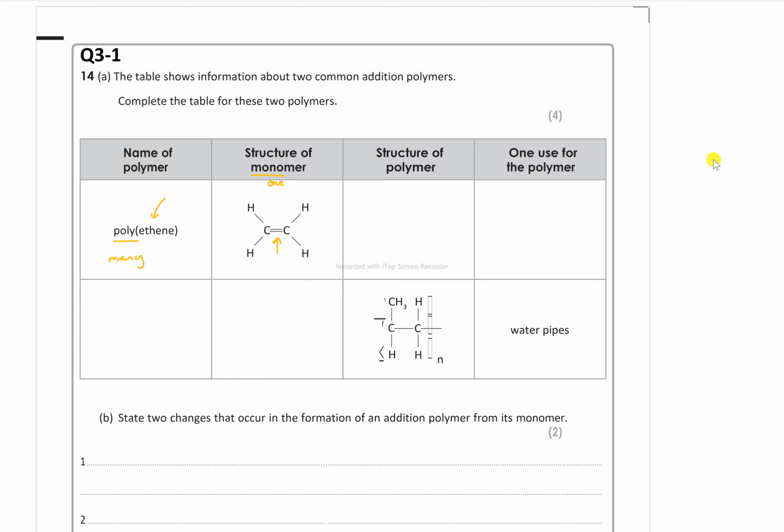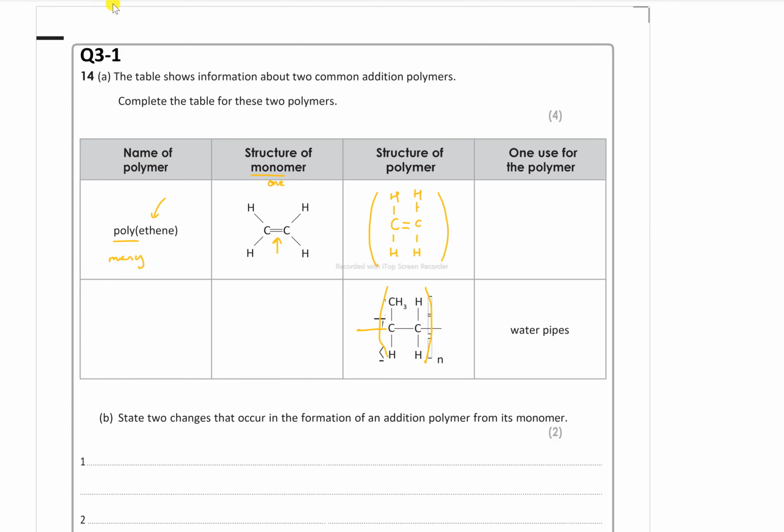Watch this. Brackets. These are supposed to be brackets here. It's just gone a bit wrong for some reason. Right, watch what I'm going to do. I'm going to draw the monomer.